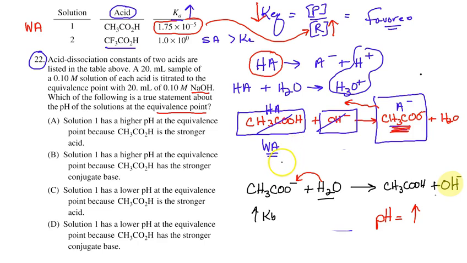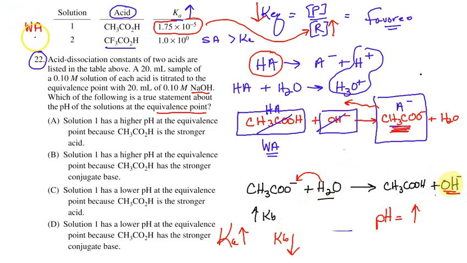So strong acids and strong bases always go to a pH of 7 because their conjugate acids and conjugate bases are too poor. They can't do anything with water. It makes sense. If you've got a strong acid with a high Ka, its Kb is so small it has no ability to ionize water and produce a hydroxide.